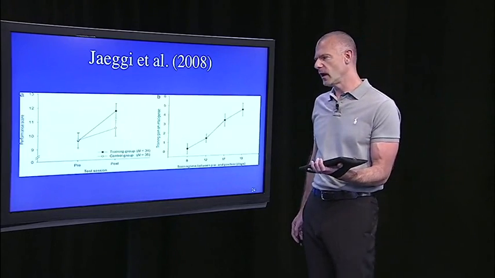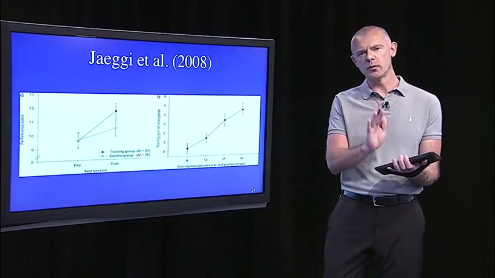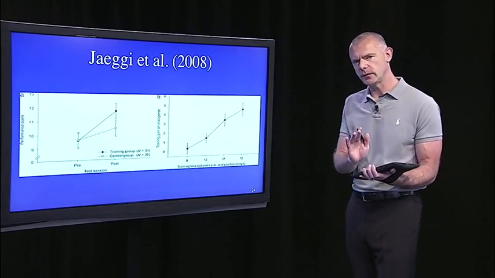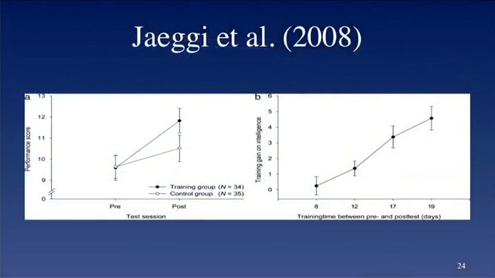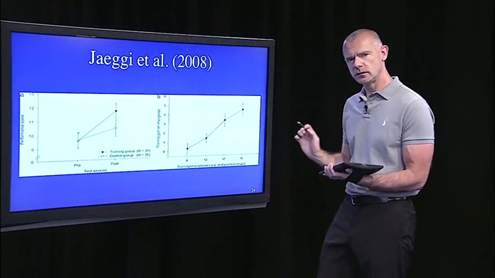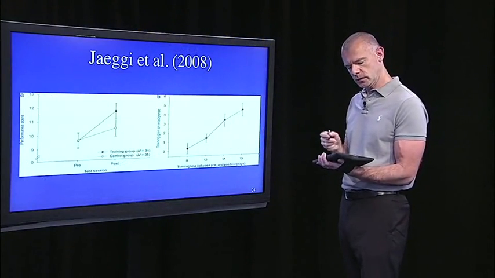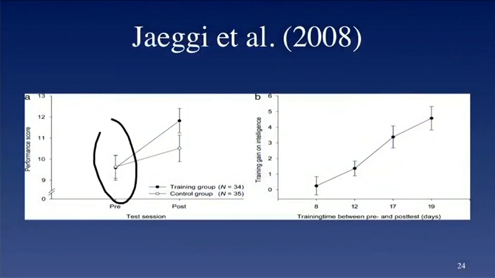Well, here are the results from Yaki et al. that show the improvement in intelligence. This is a little difficult to see, so let me walk you through these 2 graphs. They plotted their results in 2 different ways. In the graph on the left, what they plotted is the change in intelligence from pre to post for the 2 different training groups. Before training, that's the pre, there's no difference in the performance score on the intelligence test.